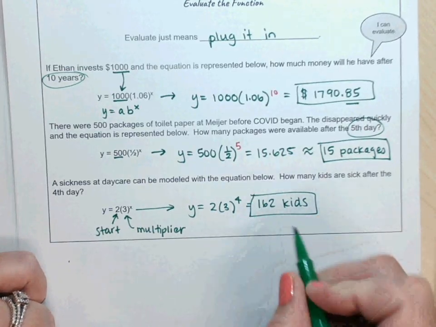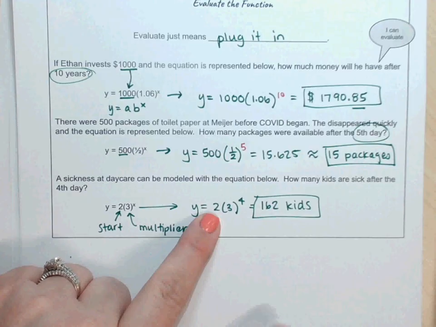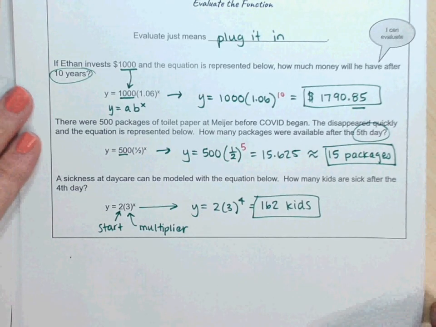That's exponential. They grow very quickly. The numbers get big fast. We started with 2 on the 1st day, and after the 4th day we have 162.